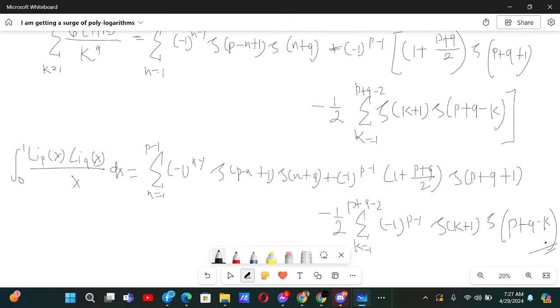Let me check if this is correct or not, since it's a long expression and we have nearly completed the solution.